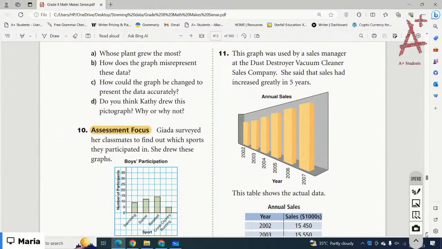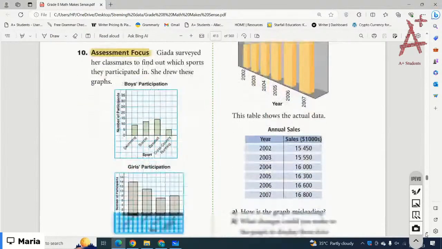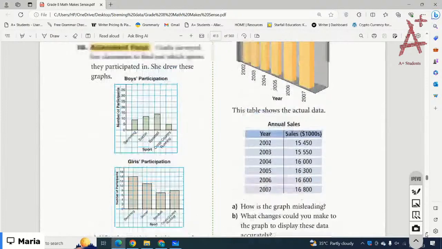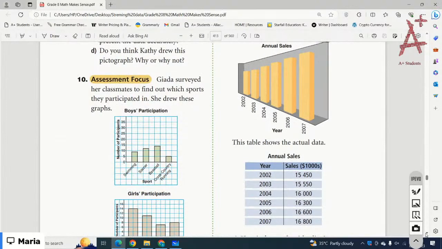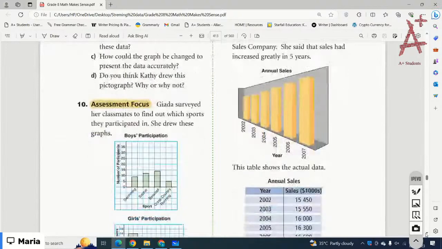This graph was used by a sales manager at a Dust Destroyer vacuum cleaner sales company. She said that sales had increased greatly in 5 years. The table shows the actual data. How is the graph misleading? Just look at the graph.